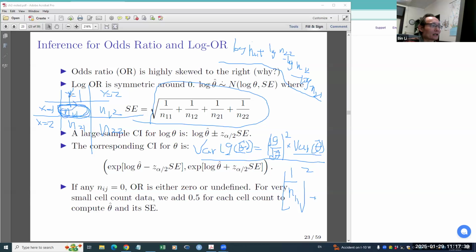So the variance and the counts are the same. And you may ask why? Because under the large sample, we know that N1, N2, M21, M22 are all random. So what is the distribution for N11, N22? It follows a Poisson distribution.